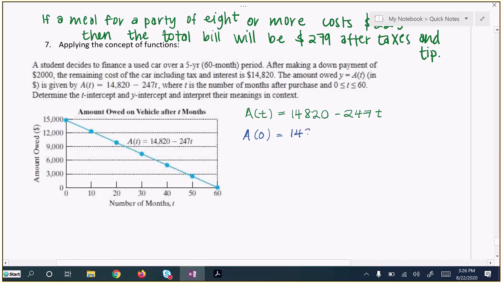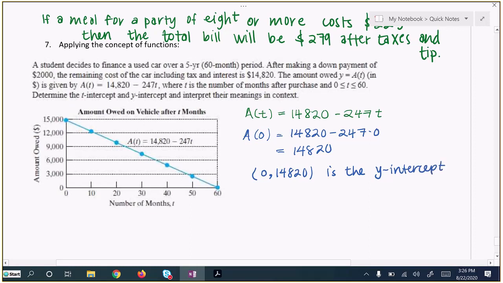So that would be 14,820 minus 247 times 0, which is 14,820. That tells us that the ordered pair (0, 14,820) is the y-intercept.